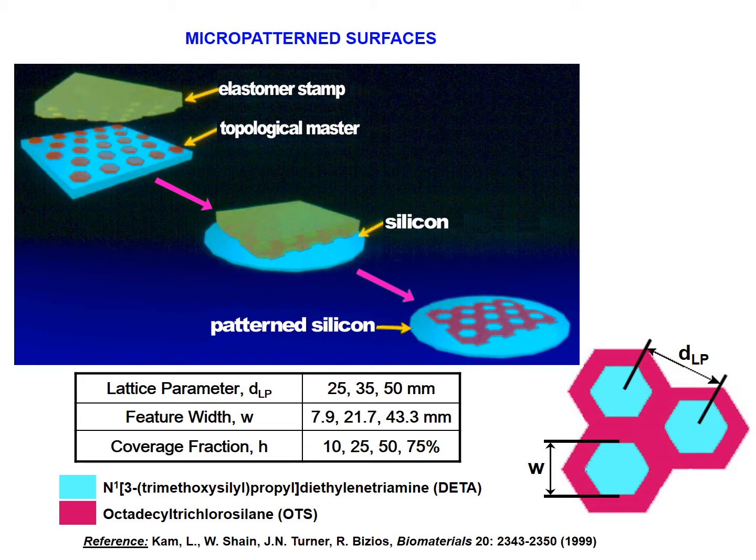DETA is a chemical compound which promotes the adhesive interaction of cells. In contrast, OTS, which was used to paint the perimeter of the patterns, does not promote adhesion of cells. As a result of that judicious choice, we have on one and the same surface area, chemically modified now, two regions, one in which the cells may adhere and another one which does not allow adhesion of the cells.